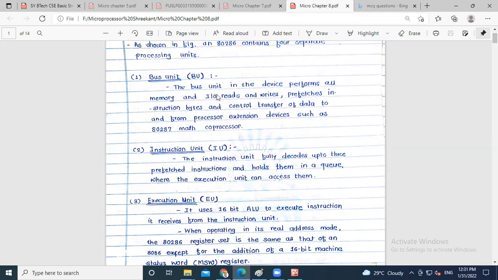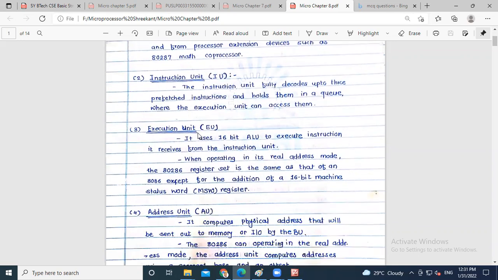The bus unit in the device performs all the memory and input output device reads, writes, prefetches of instruction bytes, and control transfer of data to be processed and executed by devices such as the 80287. The instruction unit we also studied. All the instructions we studied in the third unit are applicable to the 286 also. In this, the instruction unit fully decodes up to 3 prefetched instructions and holds them in a queue until the execution unit accesses them.